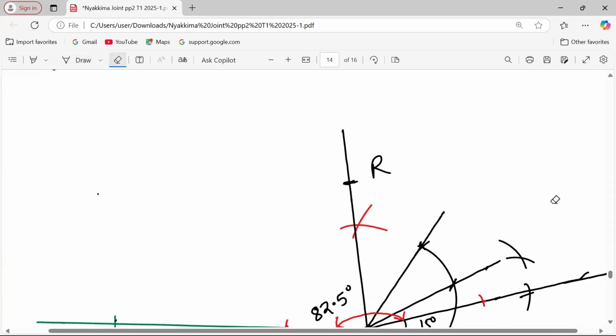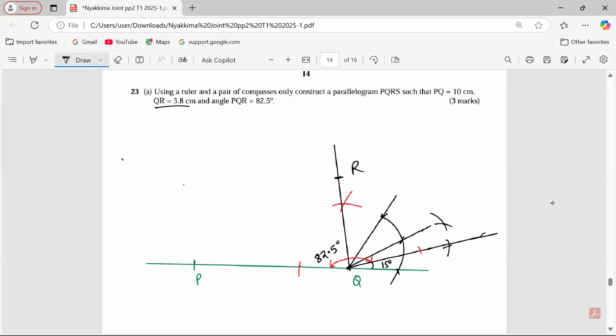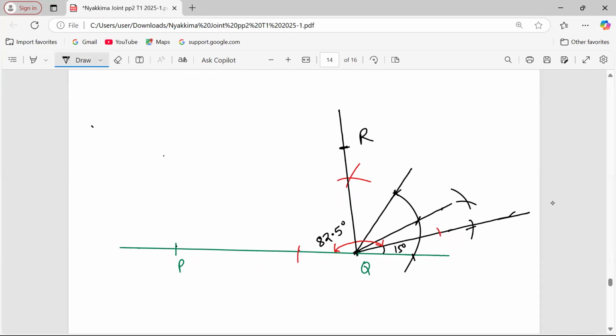Let me make it more accurate. So when we stand at P, we are using 5.8. We're supposed to make an arc. Then standing at R, we use 10 and we make an arc that way. So we can now connect that point of intersection.